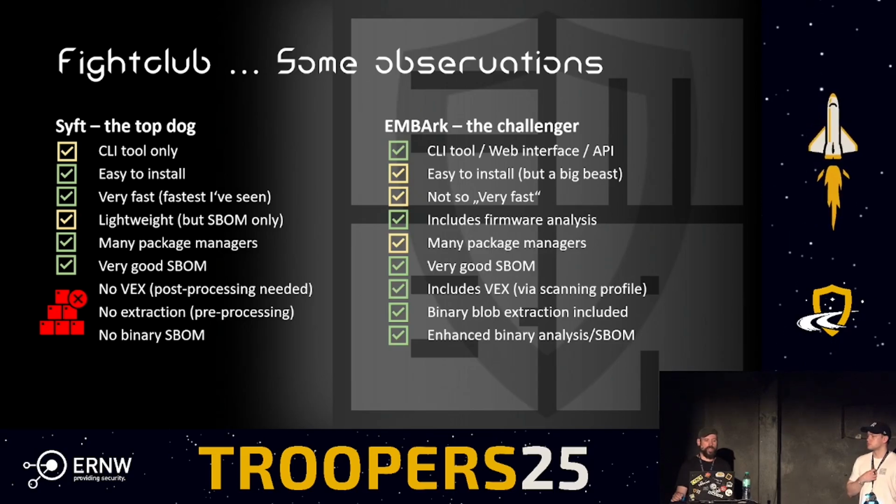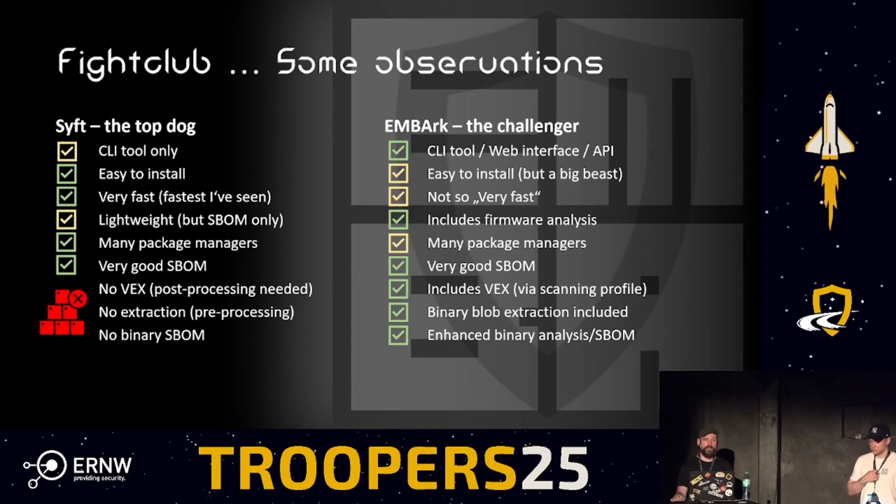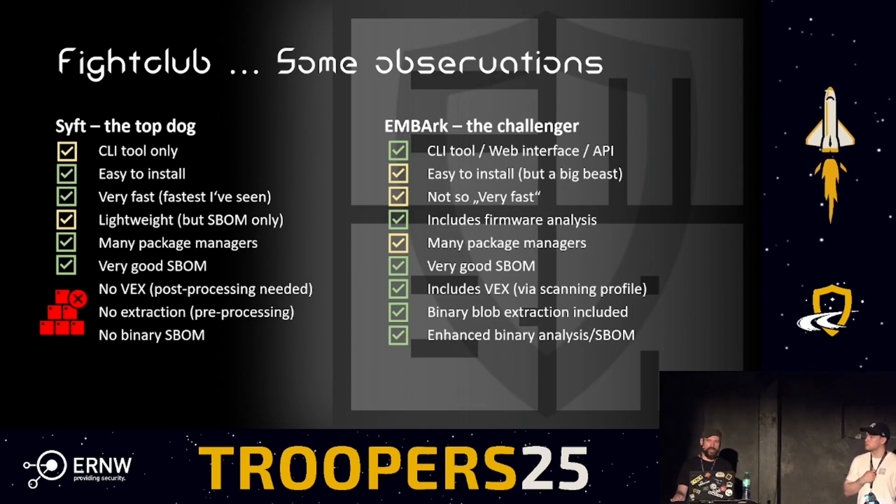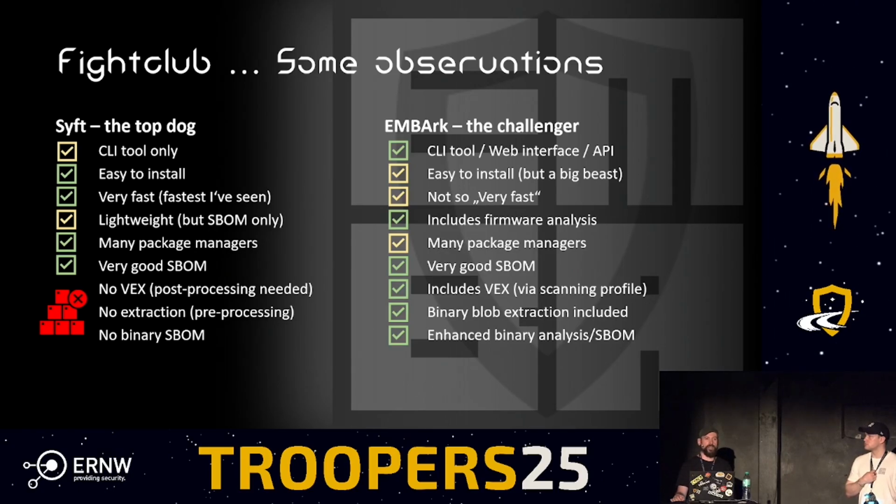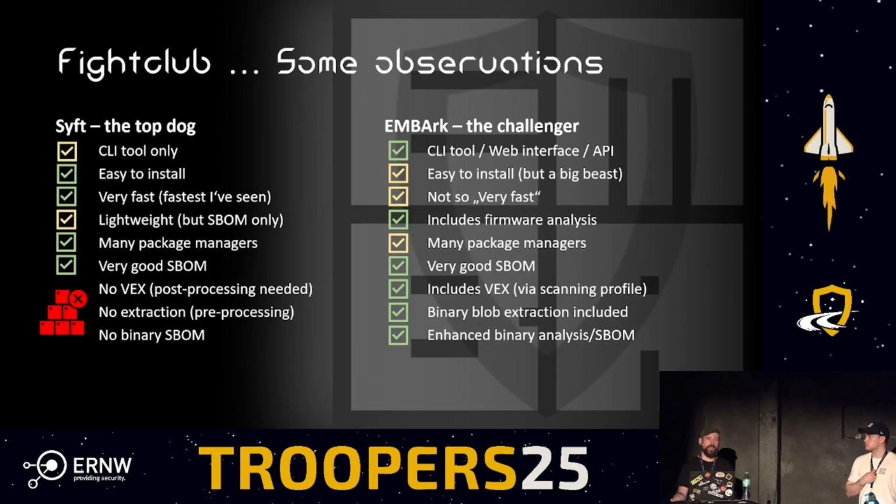Embark is also a CLI tool, but as we have seen before, we have a web interface and an API. It is quite easy to install, but it is a really big beast. It is not something like pip install Syft, so you definitely need to go to the GitHub repo, download the repo, and start the installation, and it will take a little bit of time.